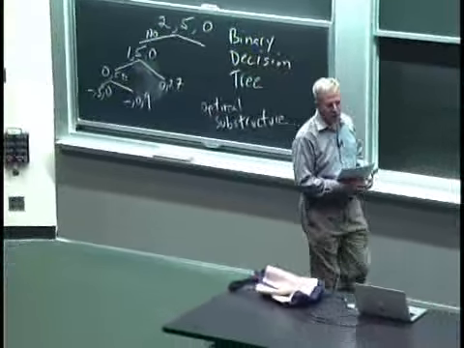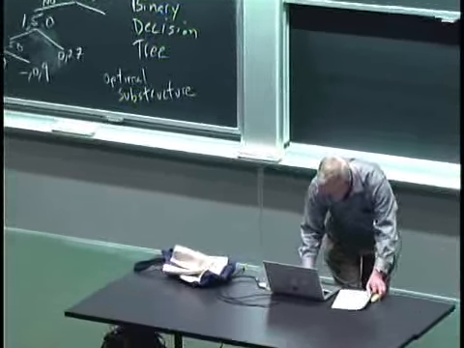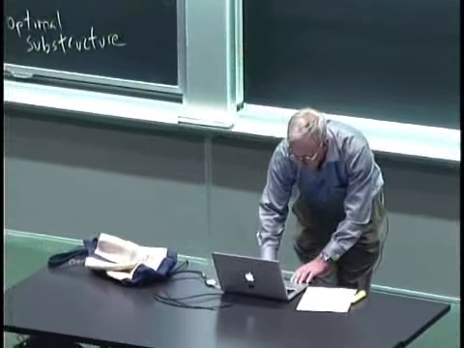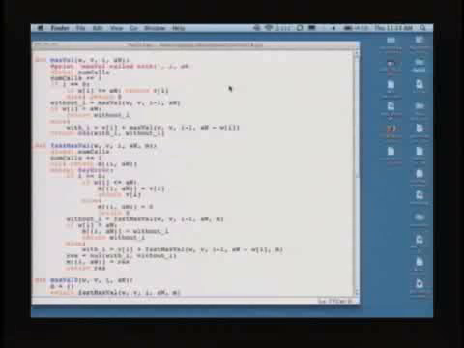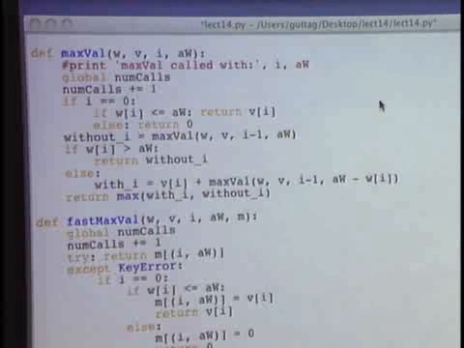So then I went directly from that way of thinking about the problem to this straightforward implementation of max_val, at the top of the slide here, also at the top of your handout, both yesterday and today, that basically just did this.